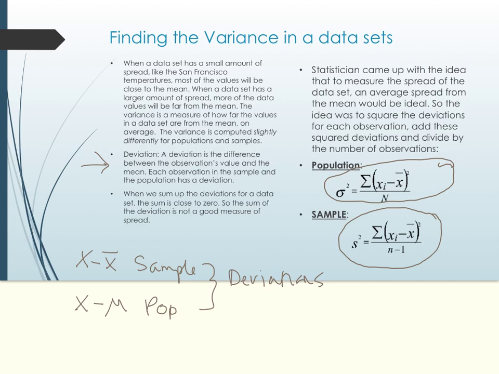So you notice that there's a difference between the population and the sample. For the population, it's just divided by n, the total number of observations. But for the sample, it's n minus 1. And the reason that it is n minus 1 is because of what we call the degrees of freedom.